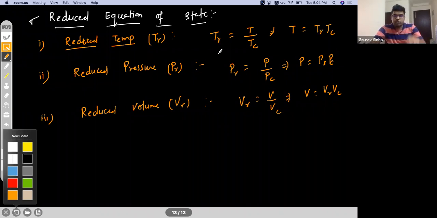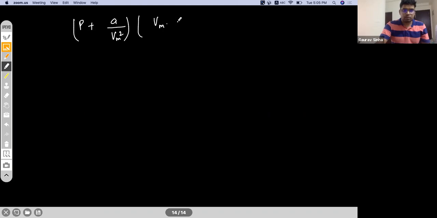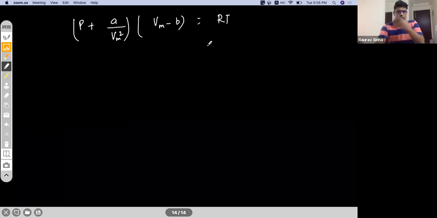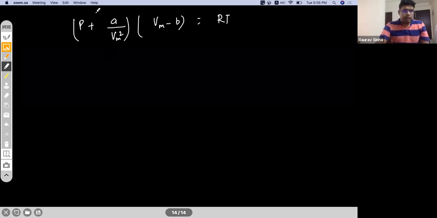So the van der Waals equation that we have is (P plus A by Vm square) into (Vm minus B) is equals to RT. Now P, Vm and T we will substitute in terms of reduced and critical temperature, volume, pressure, and solve this.